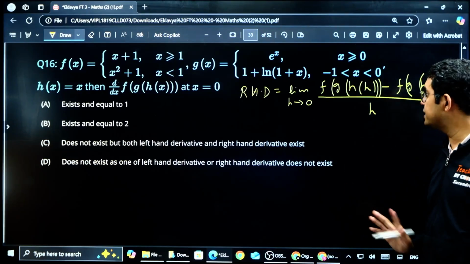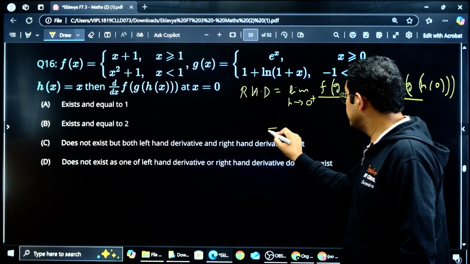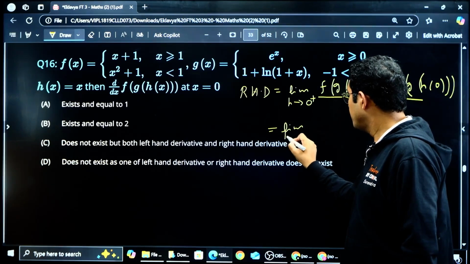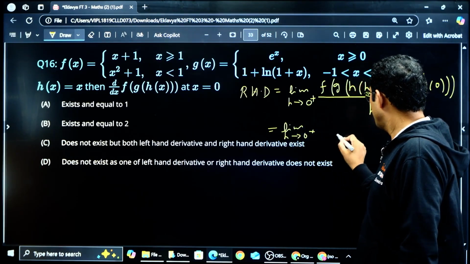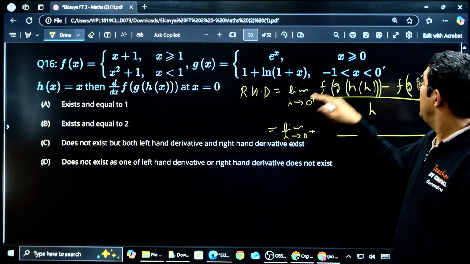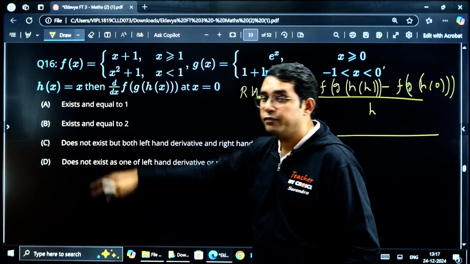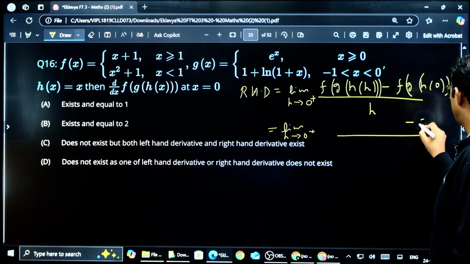That's the first principle, nothing else I have done here. Now please see, first of all, this thing is easy. h of 0 is equal to 0. At 0, g(0) is 1. At 1, f(x) is 2. So here it has to be equal to 2.